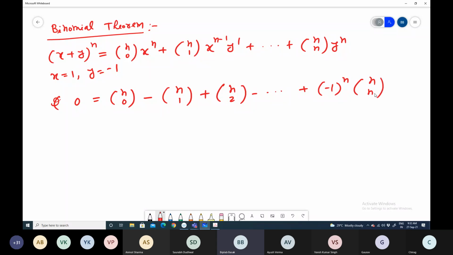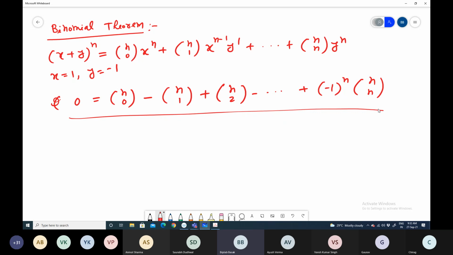That means for any non-negative integer n, it can be 0 or any natural number, this alternating sum nC0 minus nC1 plus nC2 minus ... plus (minus 1)^n nCn is 0. We will use this to prove our inclusion exclusion formula.